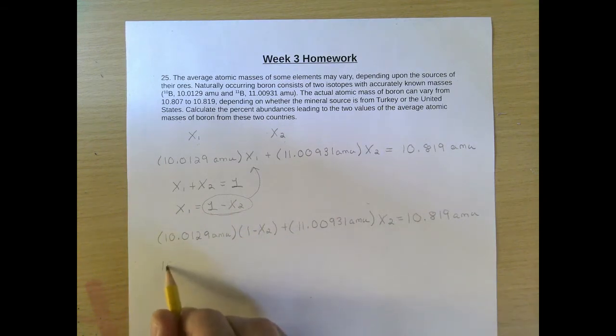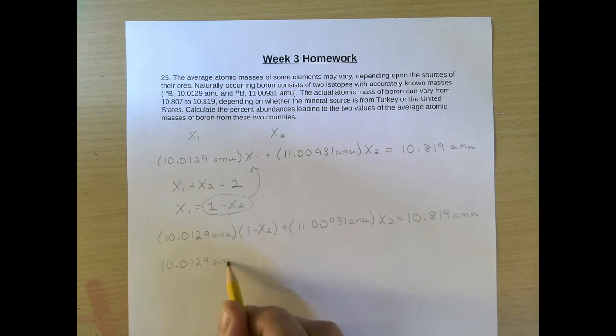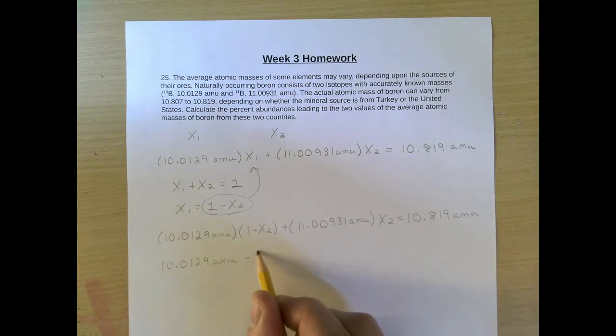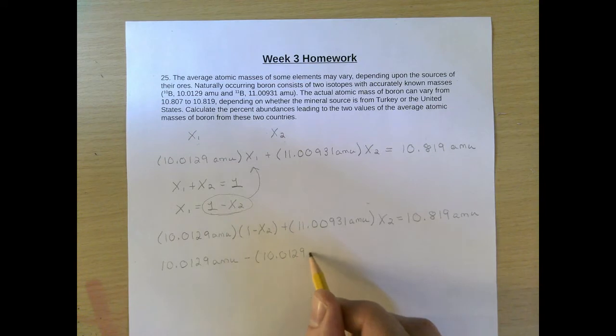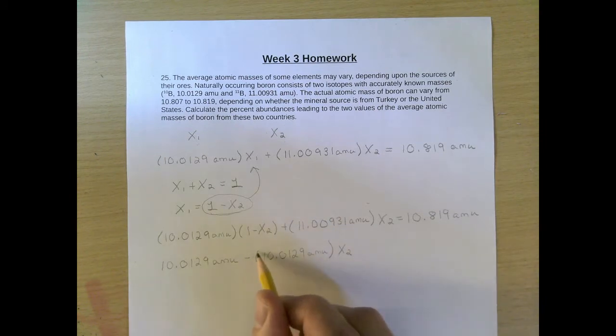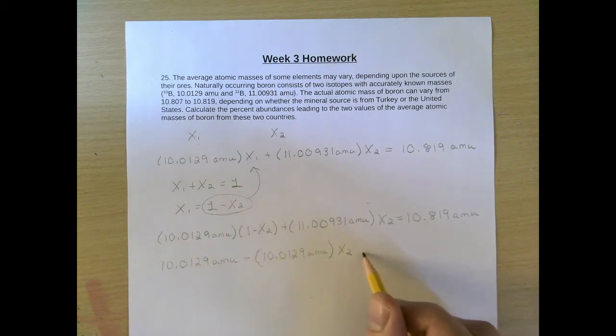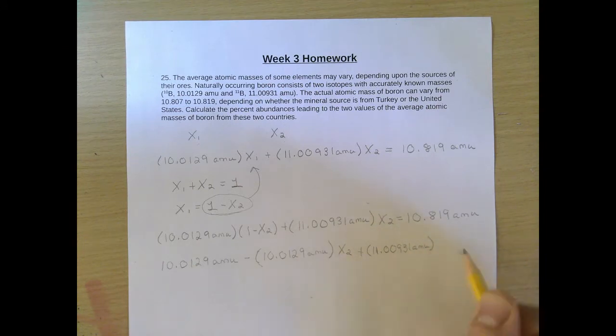So I'll get 10.0129 AMU minus 10.0129 AMU times x2 plus this term here, 11.00931 AMU times x2.